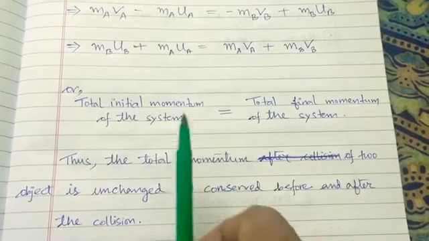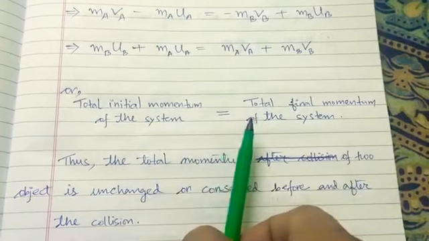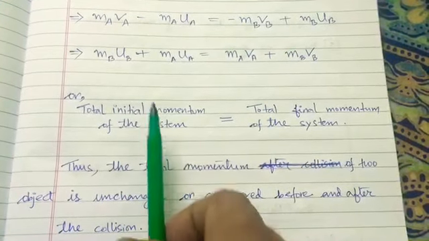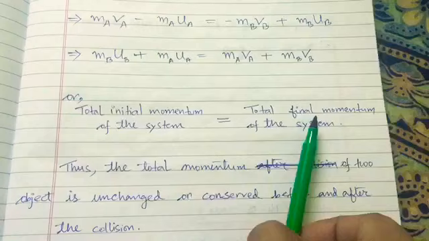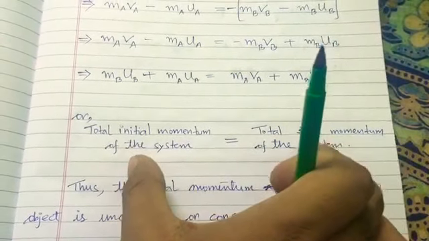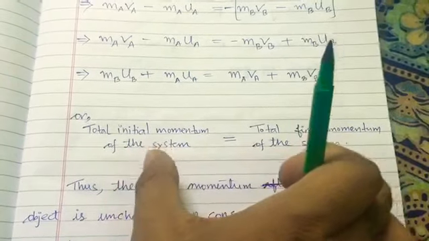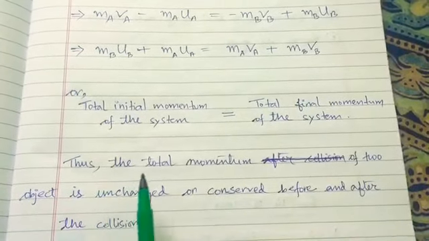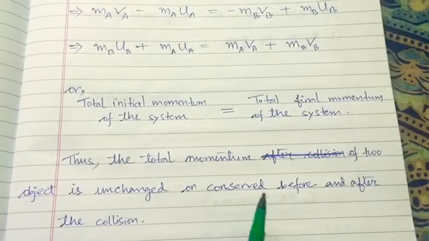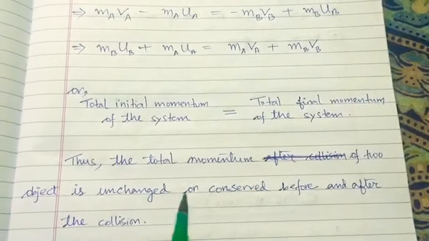There is no any change, you see, it is equal. Initially the momentum was this and finally the momentum is this, means at last we have proved that these two are equal. এই দুটা equal হয়. So the total momentum of two objects is unchanged or conserved before and after the collision.